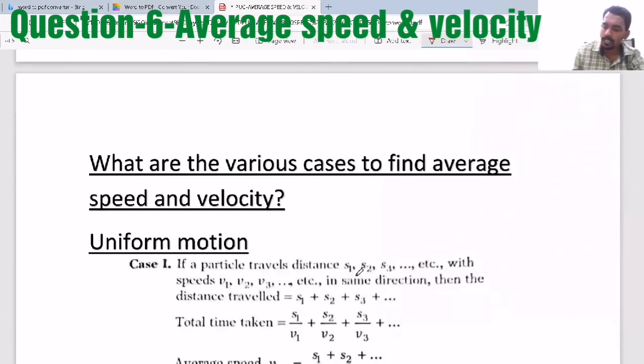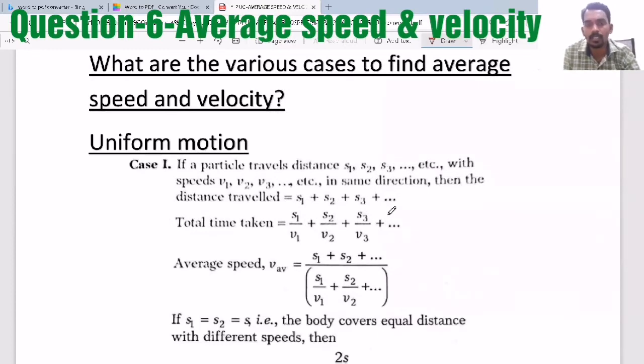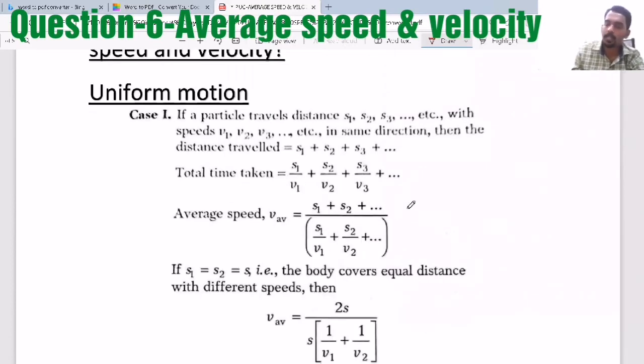Now the very first thing is, in case of uniform motion, what are the various cases to find average speed and velocity? That is what they mainly used to ask. When a body is performing uniform motion, meaning constant velocity, it can cover one particular distance with one speed, then another distance with another speed.